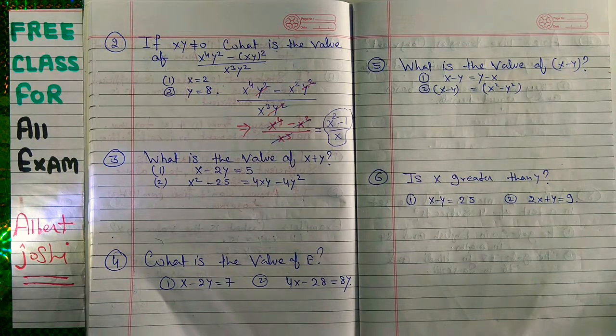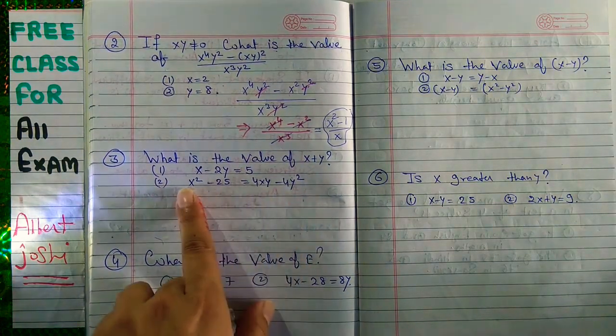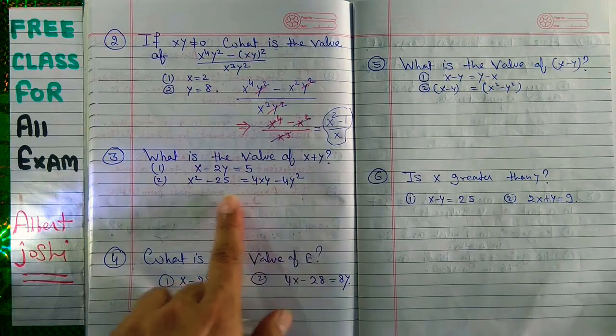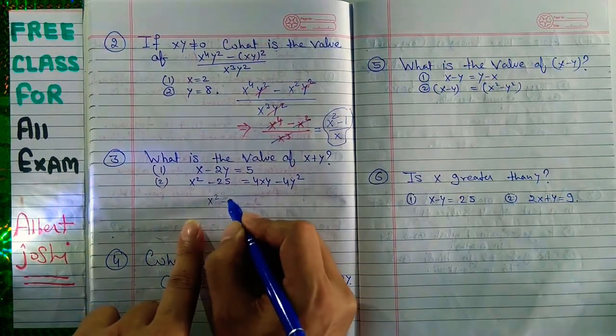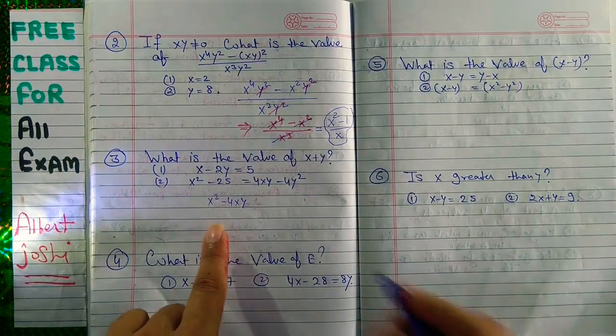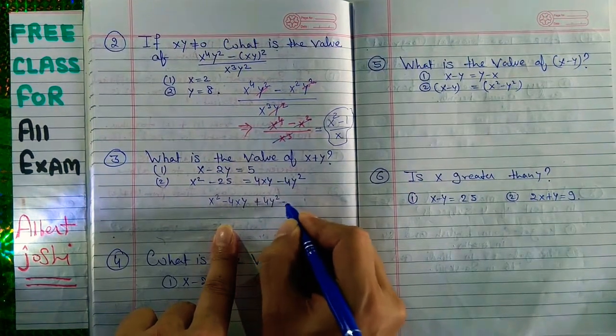Now this question involves two unknowns, x and y. But the two equations are not distinct. The second equation can be rearranged to x square minus 4xy plus 4y square is equal to 25.